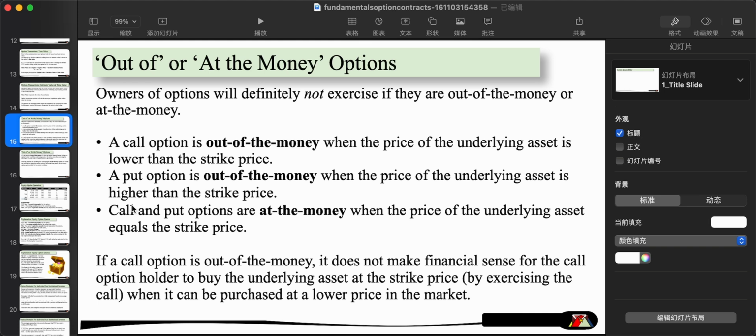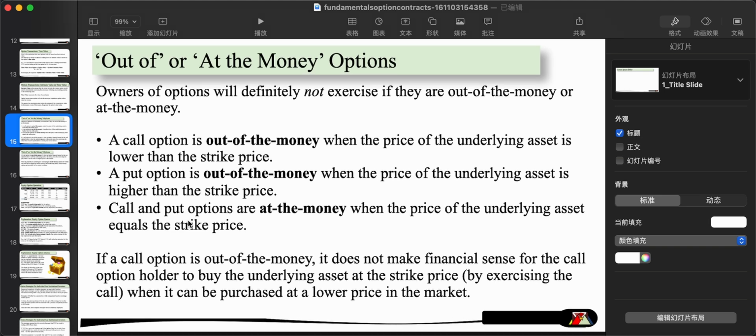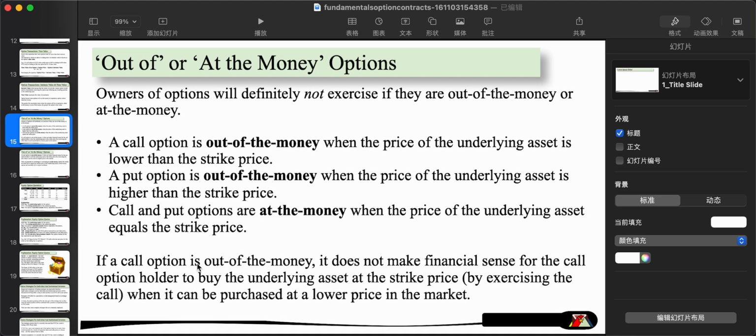Call and put options are at the money when the price of the underlying asset equals the strike price. If a call option is out of the money, it does not make financial sense for the call option holder to buy the underlying asset at the strike price by exercising the call, when it can be purchased at a lower price in the market.